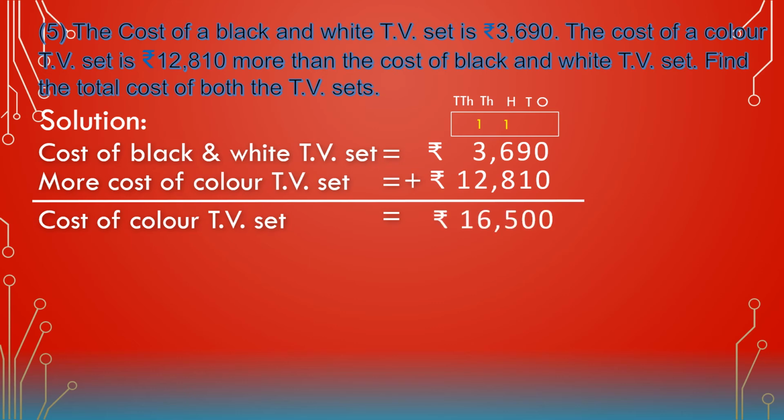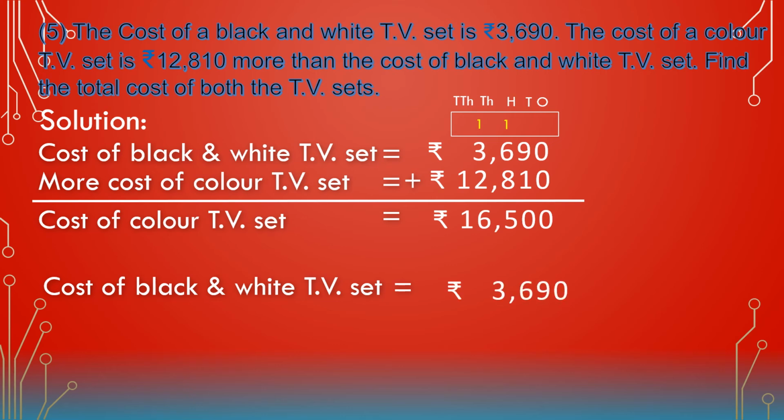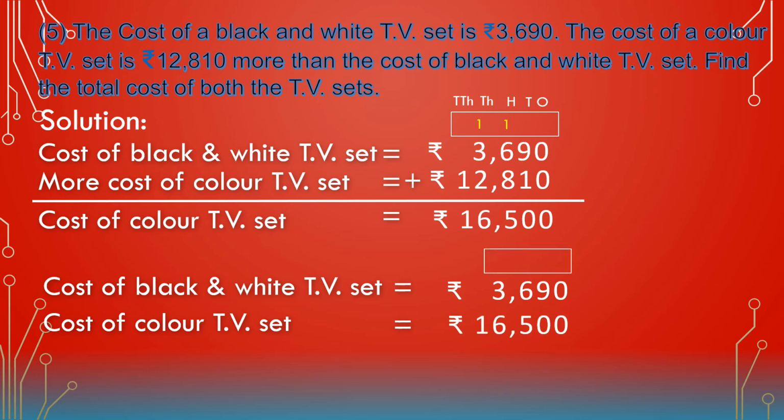Now we will find out the cost of both the TV sets. For that, write down cost of black and white TV set is equal to rupees 3690. Then write the cost of color TV set is equal to rupees 16,500. Then draw a carry-on box. Remember, always arrange numbers according to their place value.